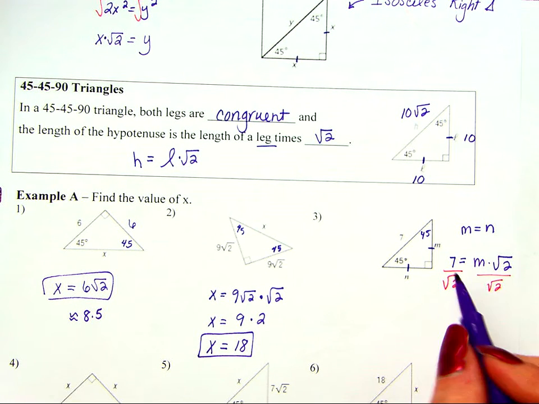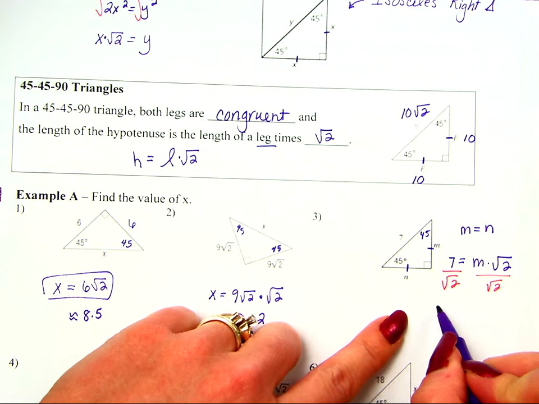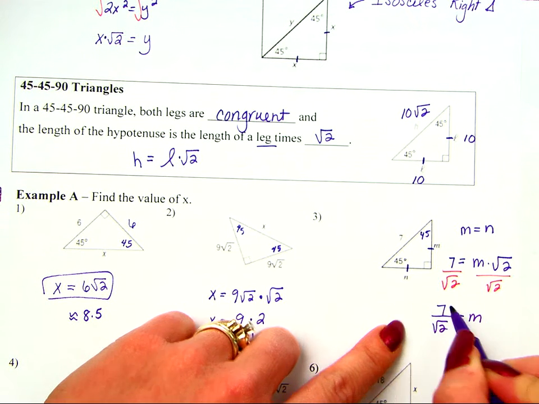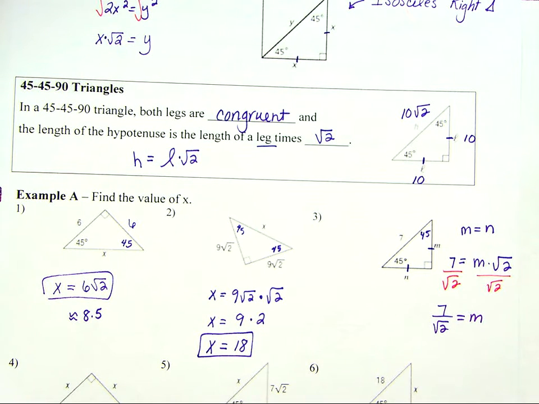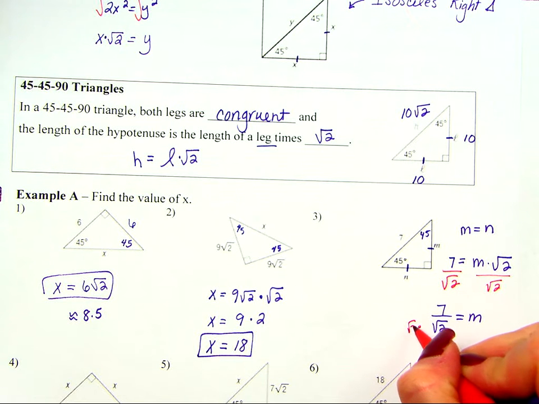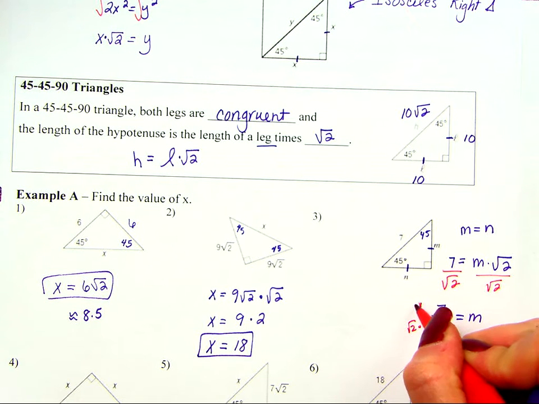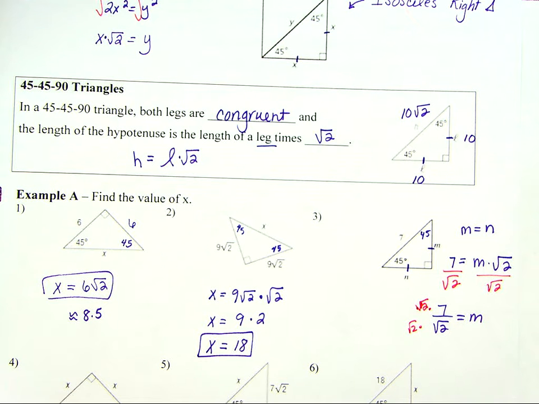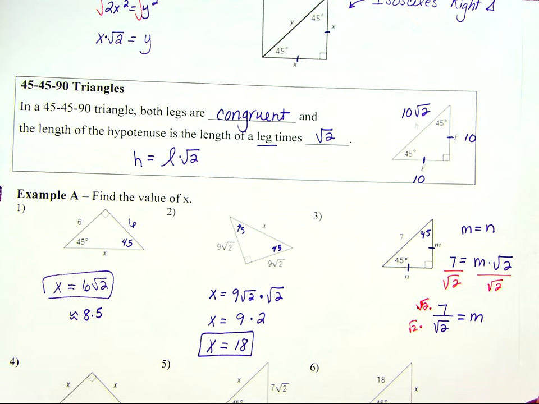Okay. Well, we know that having 7 over root 2 being equal to m is not really an acceptable way to write our answer. We actually need to rationalize our denominator. So in order to rationalize my denominator, I'm going to multiply both the top and bottom by root 2. And when we do that, we end up with a whole number on the bottom of our fraction.